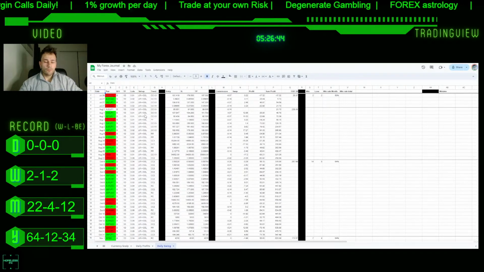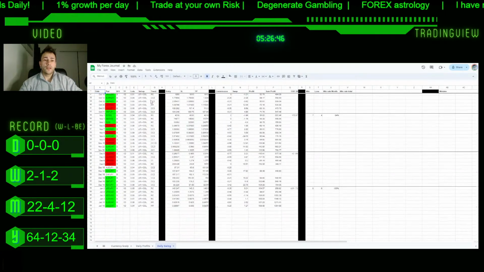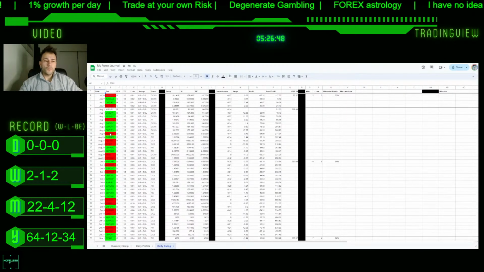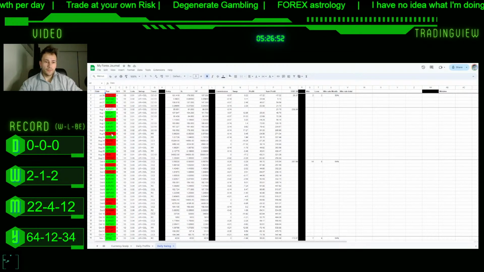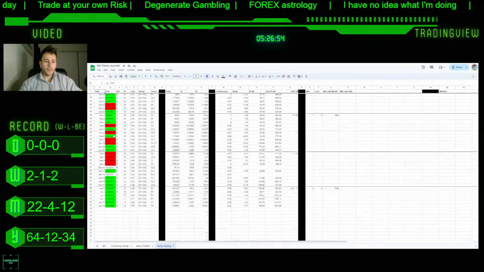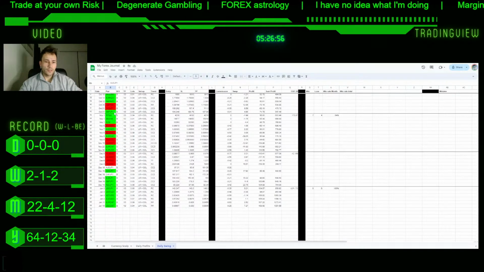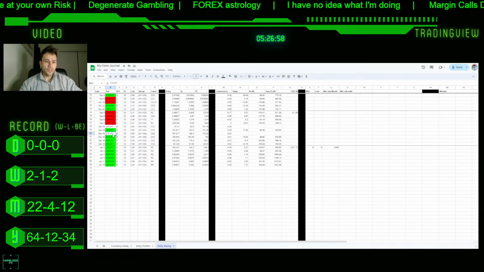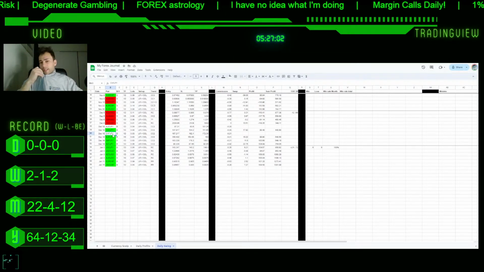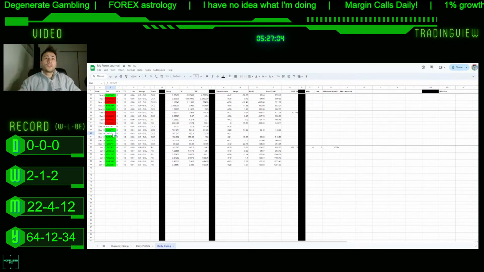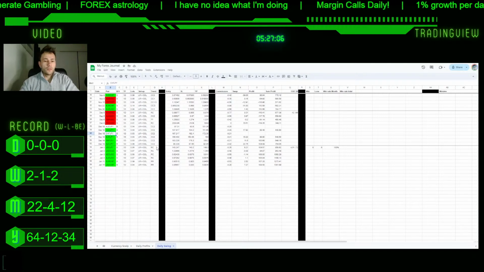So these are all the swing positions that I've been taking since July. As you can see, our winners are colored in green, losers are colored in red, and then the open trades are left white. So we have the AUDJPY trades and the CADCHF trade. Otherwise, I haven't taken any significant swing positions in a while.